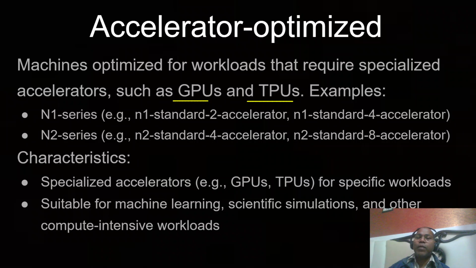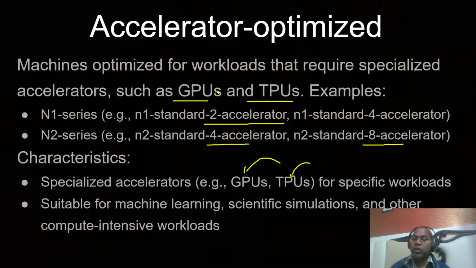Then you have to use the series, again with two accelerators, four accelerators, or even eight accelerators, such as the N2 series. These are very optimized GPUs, and accordingly you have to pay the cost. The cost is also very high.